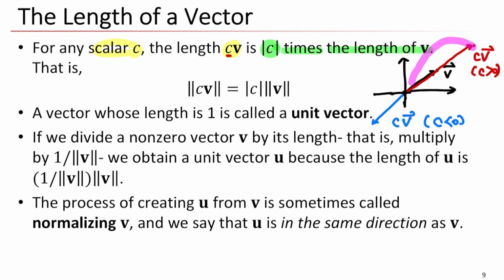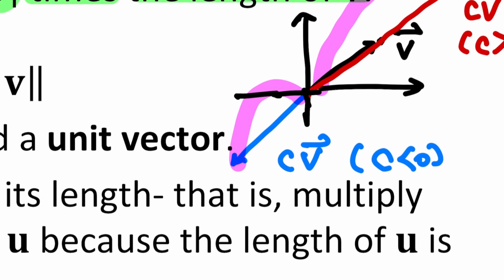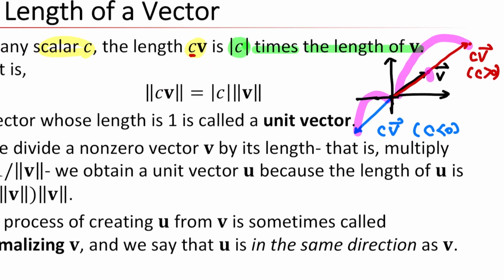The length of this new cv is equal to the length of this one times just the absolute value of c.